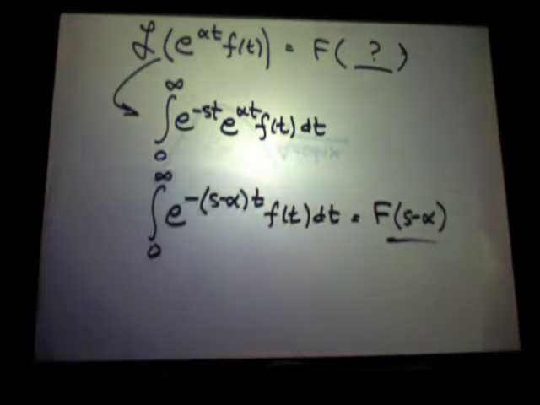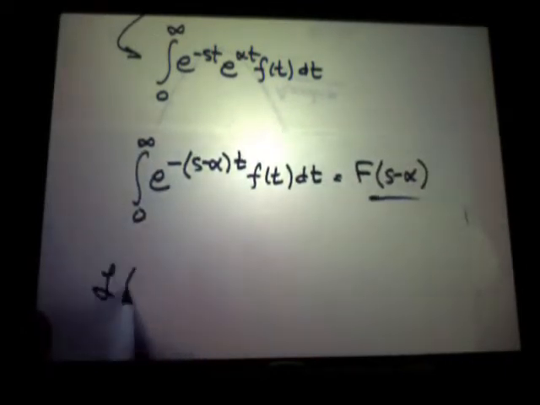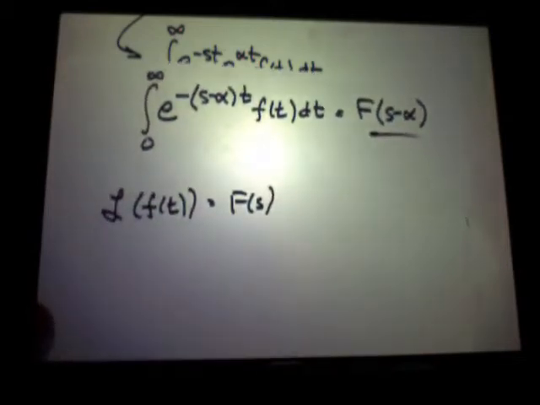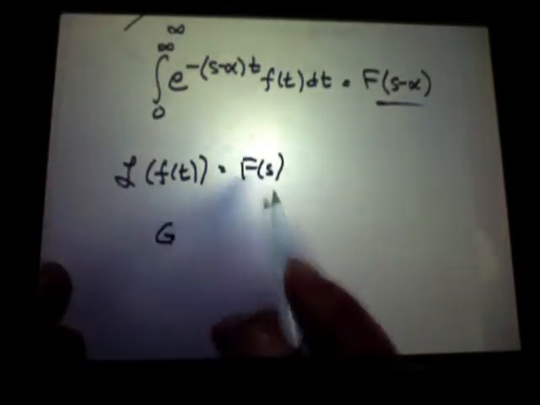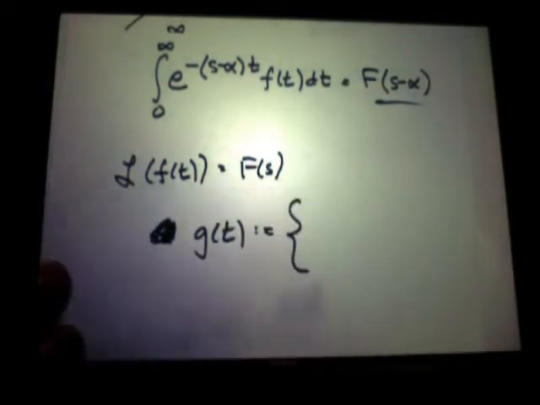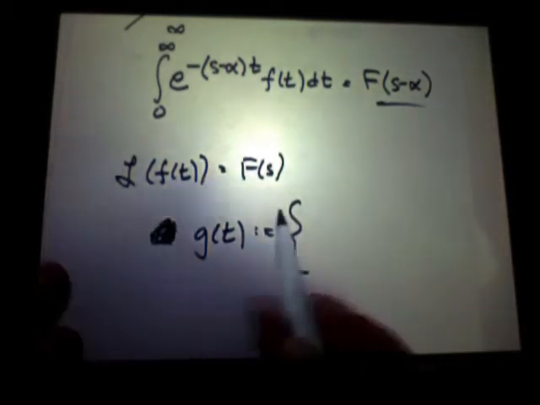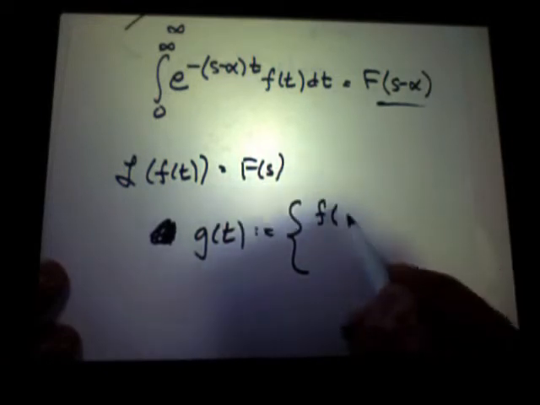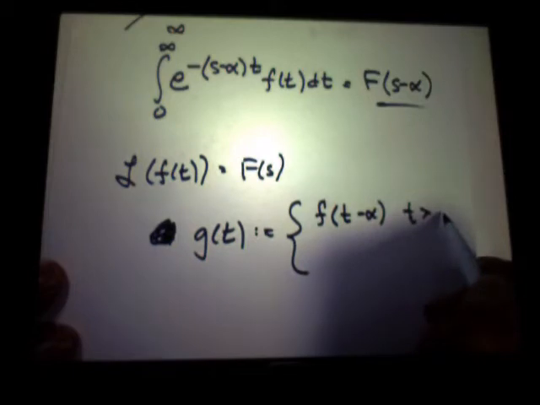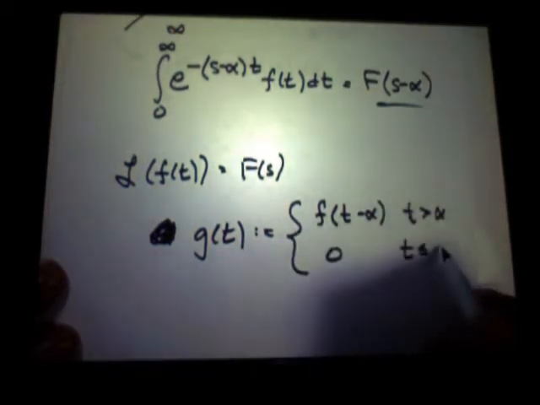Here's another view. Suppose this is true again. So we always start out this being true, but suppose you have a new function. The function g of t is defined to be f of t minus alpha if t is greater than alpha, and 0 if t is less than or equal.